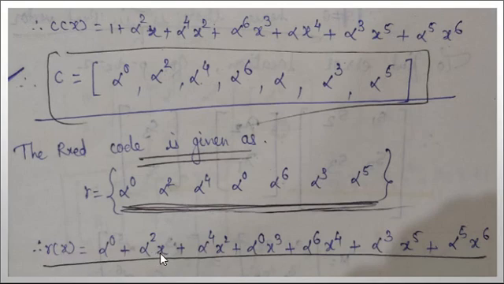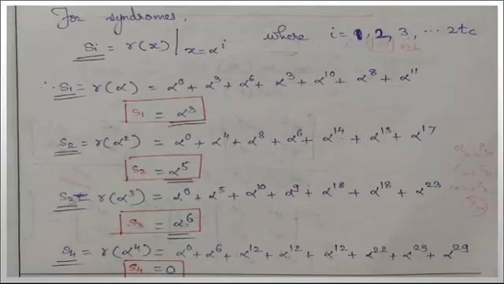Wherever we replace the X by alpha square, we are actually calculating R of alpha square, means the second syndrome. So this is how this entire expression can be solved for getting the related syndrome. So S1 will be alpha cube, S2 will be alpha raised to 5, S3 will be alpha raised to 6, and S4 will be 0.